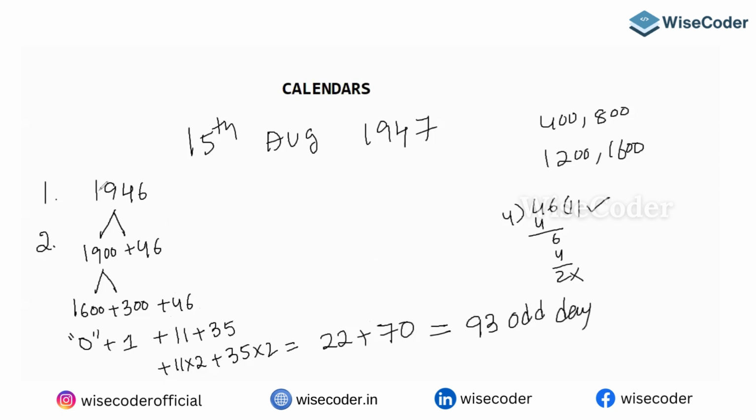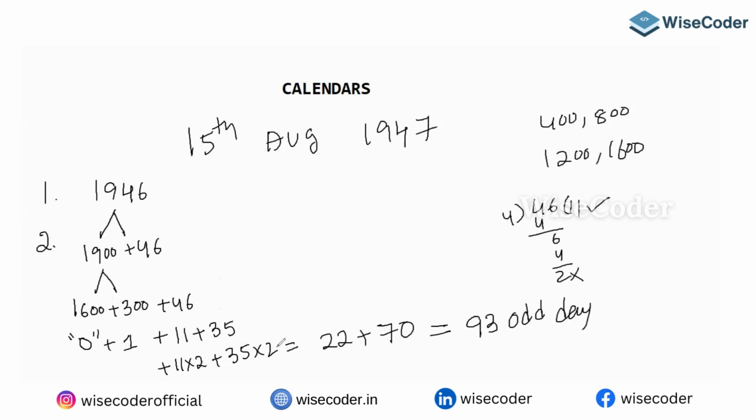So 1946 is 1900 plus 46, so 1600 plus 300 plus 46. 1600 will have 0 odd days, 300 will have 1 odd day. In 46, there are 11 leap years, so remaining are non-leap years: 35, since 35 plus 11 is 46. A leap year will have 2 odd days.